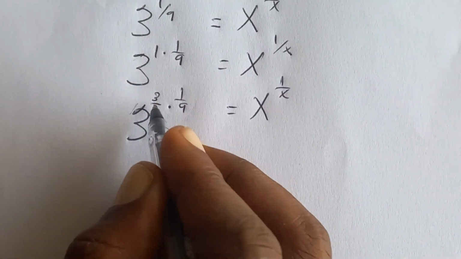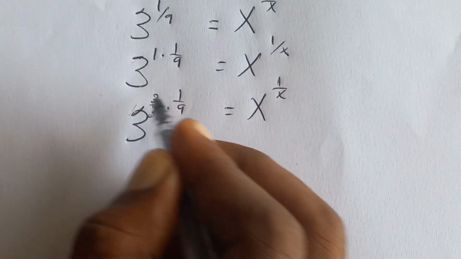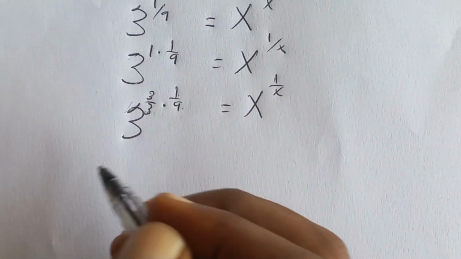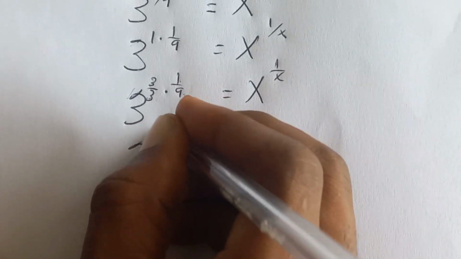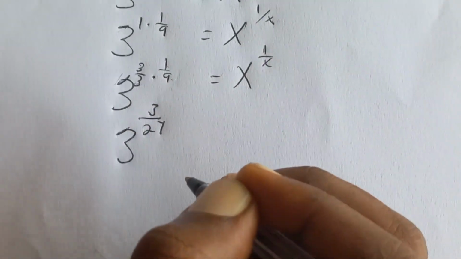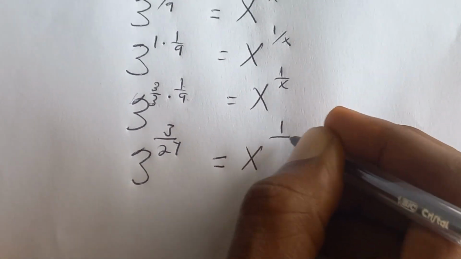So 3 on 3 is 1. Now, 3 times 9 is 27. So we are going to get 3 exponent 3 on 27, which is equal to x exponent 1 on x.